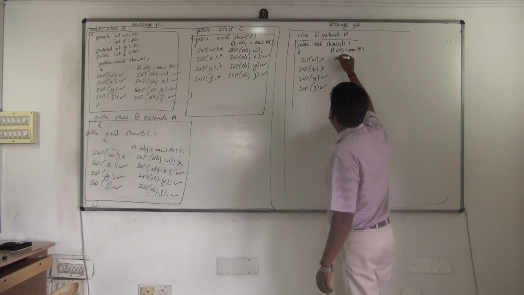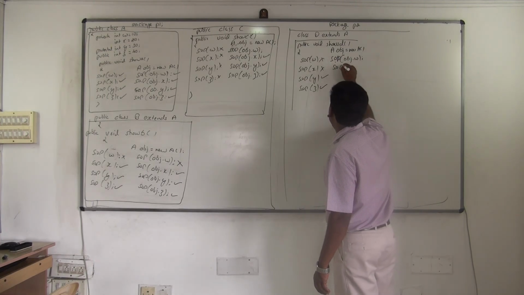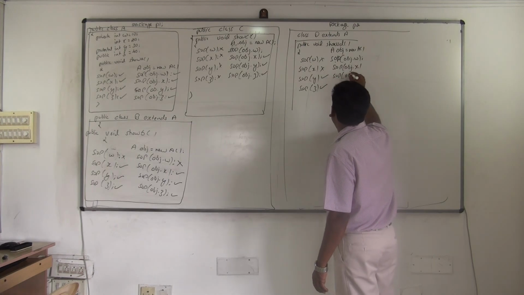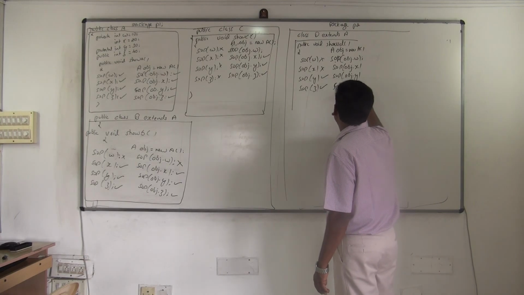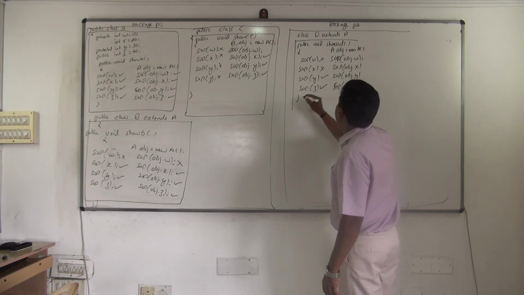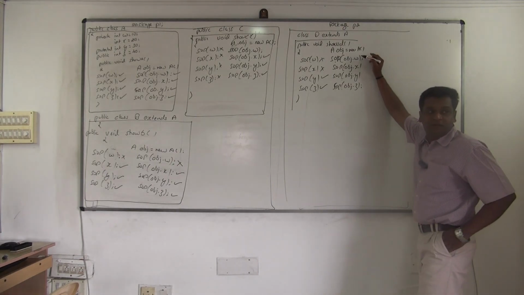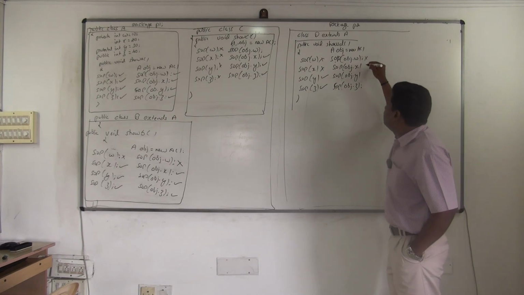So object SOP object dot W, SOP object dot X, SOP object dot Y, SOP object dot Z. So these are the members. Now see this. By creating an object now, a private member cannot be accessed even by creating an object.